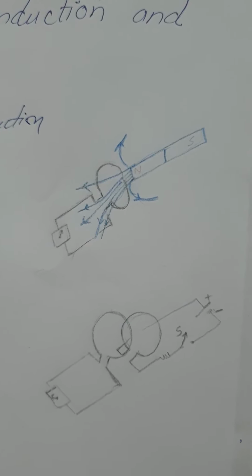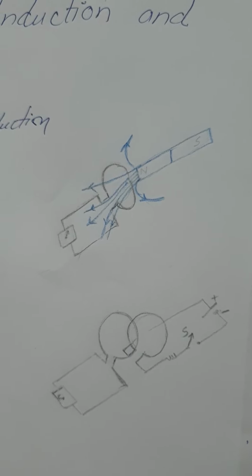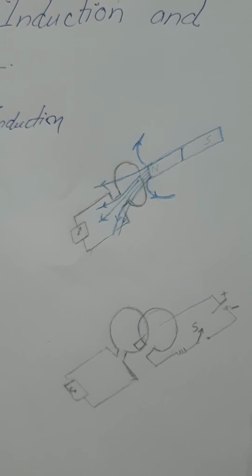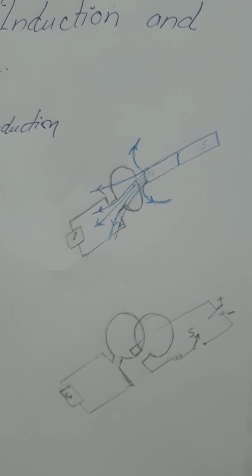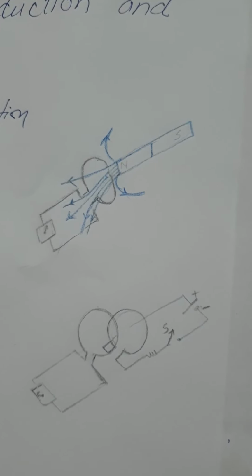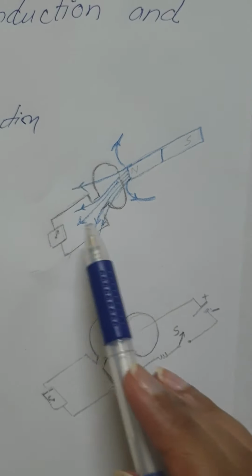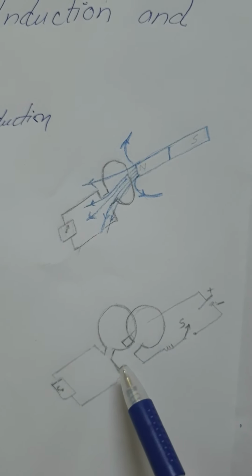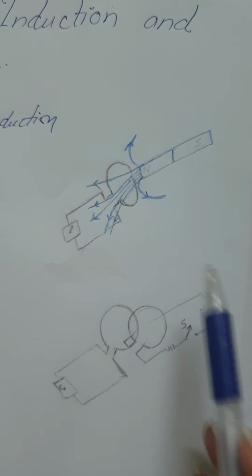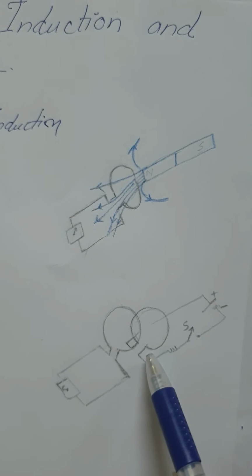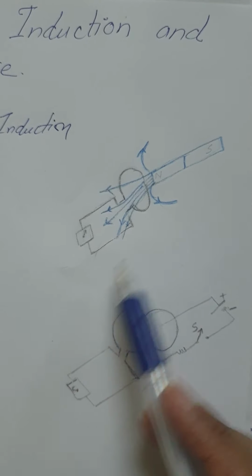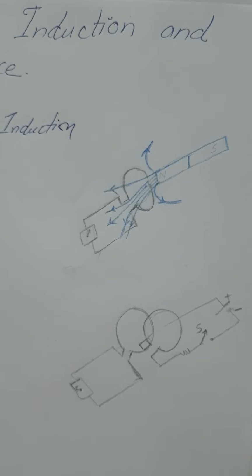So Faraday's law of induction, in terms of these experiments, says that an EMF is induced in the loop at the left here when the number of magnetic field lines that pass through the loop is changing.